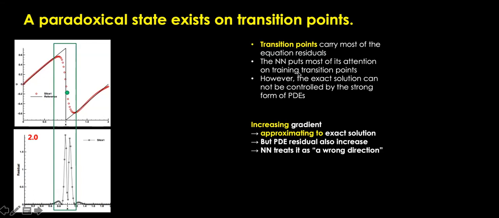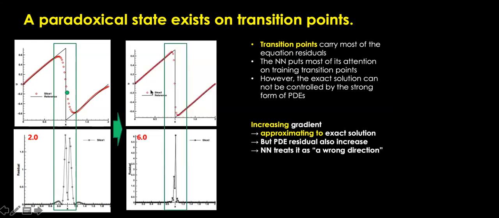However, the transition region cannot be controlled by the strong form of the PDE. Then in some epochs, the neural network may try to raise the gradient of transition points, which will let the solution approach the exact solution.